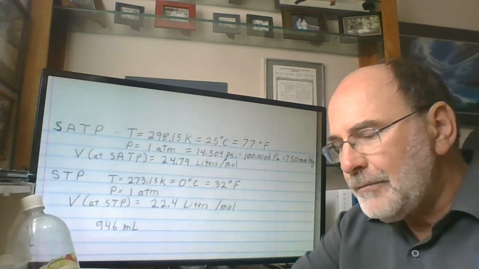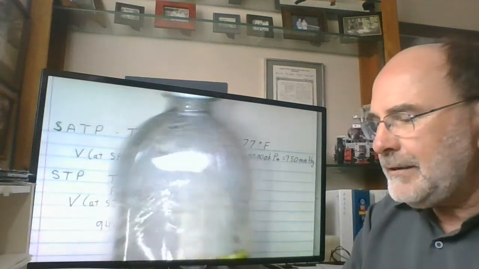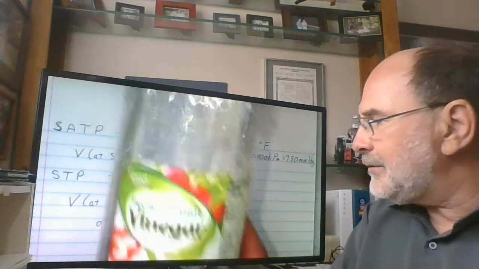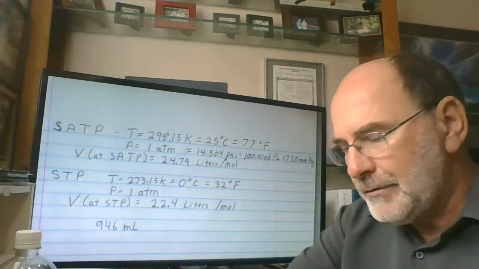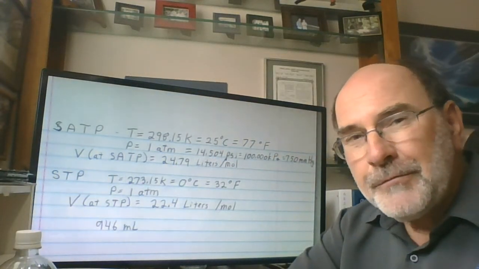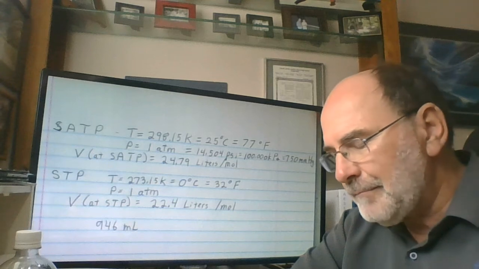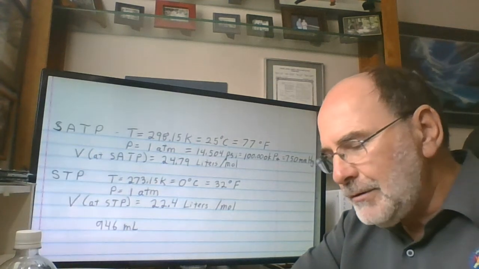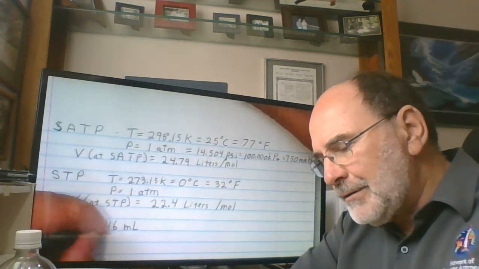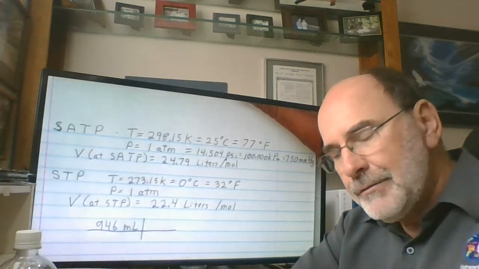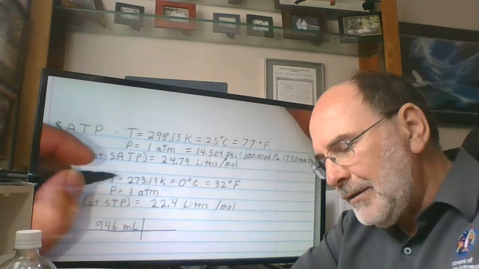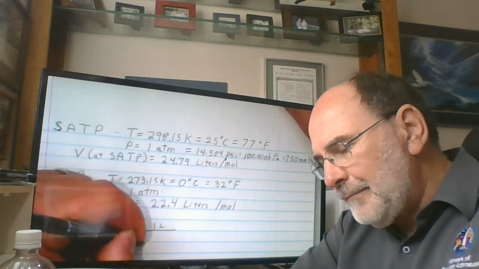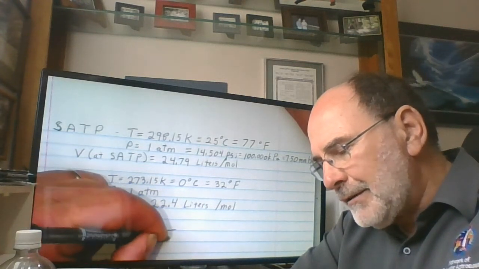fit into 946 milliliters. We don't really need to use the fluid ounces. We don't need to use the quarts. We can get away with just doing this in metric units because after all, 22.4 liters is a metric unit. So first thing I suggest you would do is convert 946 milliliters into liters. No doubt you're eager to be tested on this, and you know that 1 liter is 1,000 milliliters.